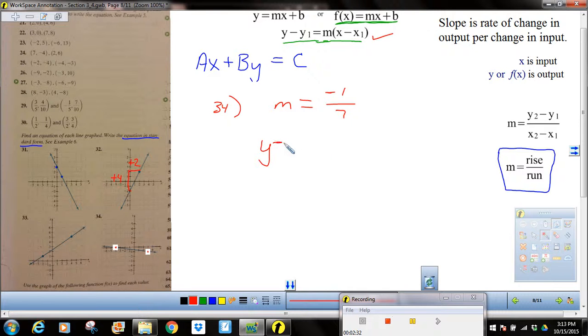Y minus, I believe I'll use this point here, which is 3, negative 1, for my point.